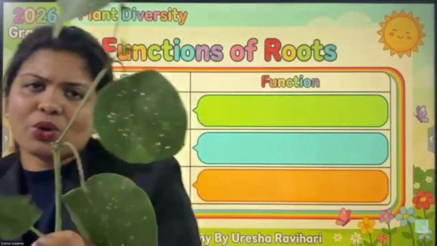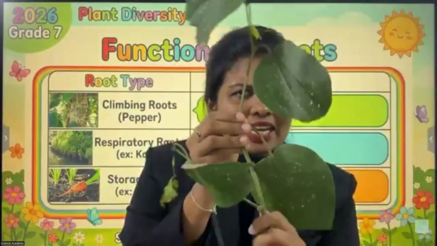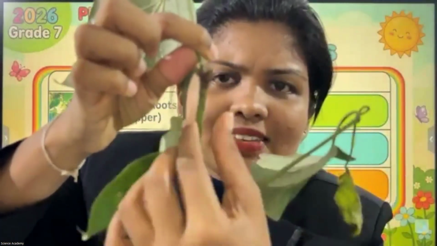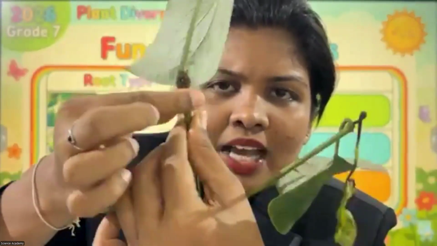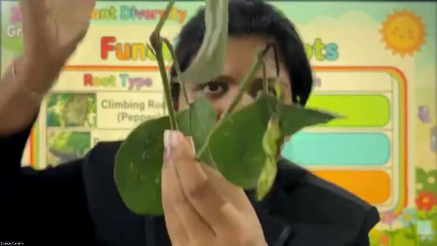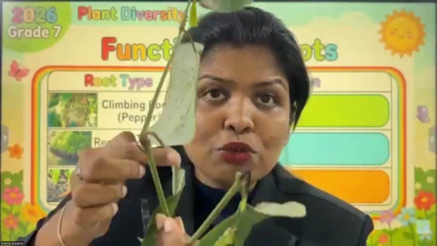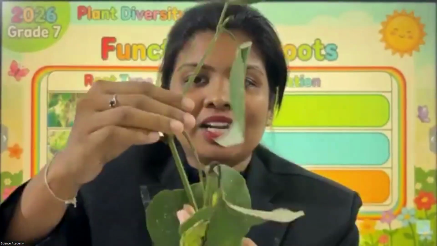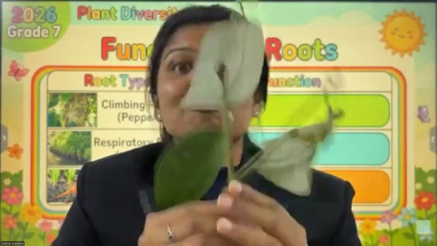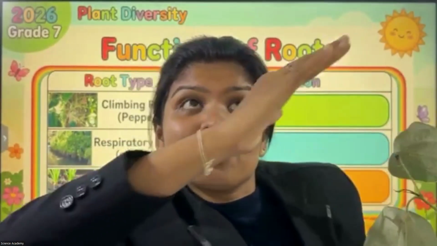This stem is very weak. So these climbing roots give additional support to the plant to move up. That's why these plants bear climbing roots, for the easiness of sticking to the host substrate.